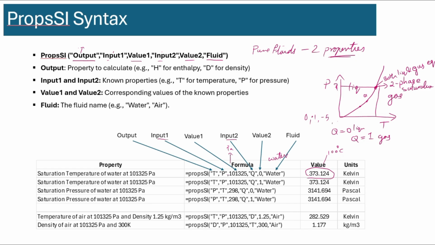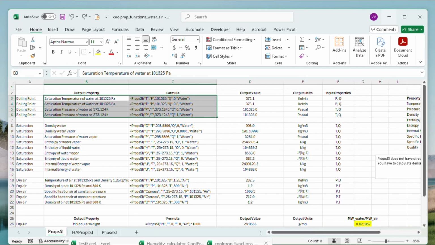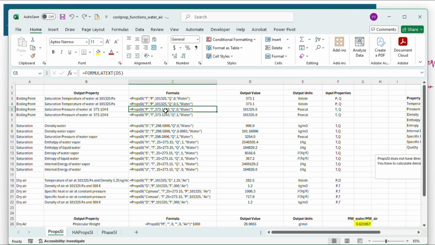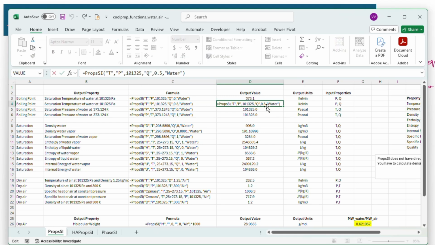All right, so to prove this, let's try running this calculation. This is where the calculation is run, and this is the formula we're using. So if I change this value from 0 to 1 or any other value, you'll still get the same temperature because it's only dependent on the pressure on that curve. So for example, let's change the Q value. It's 0.5 here. I will change this to 1.